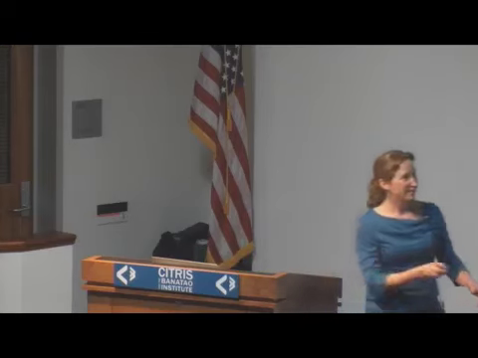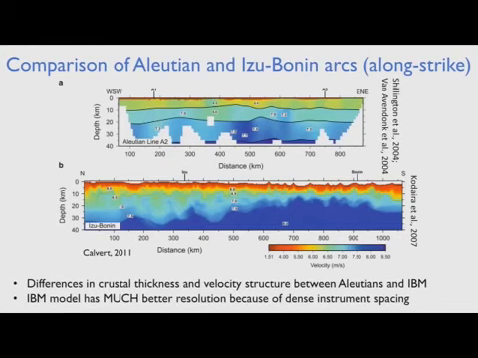But otherwise, we have this line I showed you before where we had like 100 kilometers between our instruments. So the resolution of this versus this is a whole different world. But even from these more sparse data sets we have in other island arcs besides IBM, we see pretty big differences in the overall velocity of the crust. The Aleutians are much faster than this crust.